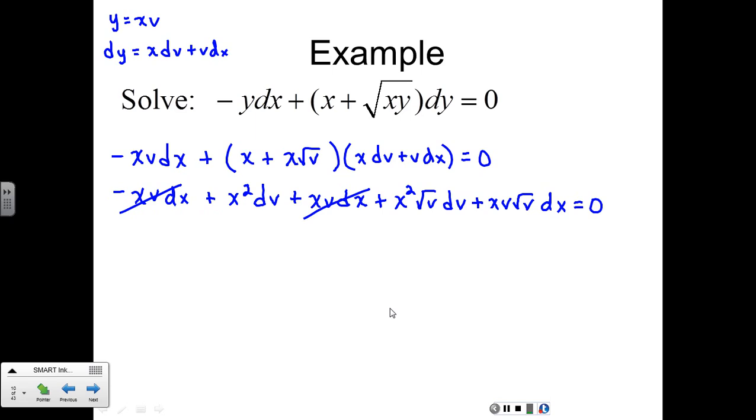Okay, I've got all dv. I'm going to leave all my dv stuff on the left side. All my dv stuff, I'm going to group it together. These two terms. Move this dx stuff to the right. And that should be minus. I'll move it over there. What about any factoring or anything?